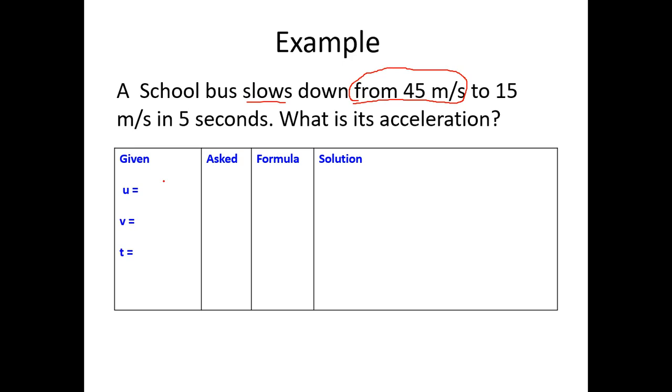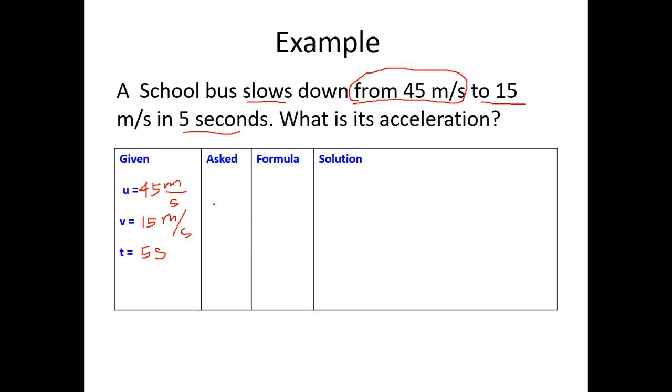Since this one says from 45 to 15, this 45 should be your beginning speed. So that is 45 meters per second. And then the final speed should be 15 meters per second. And of course, your time is right there, which is 5 seconds.